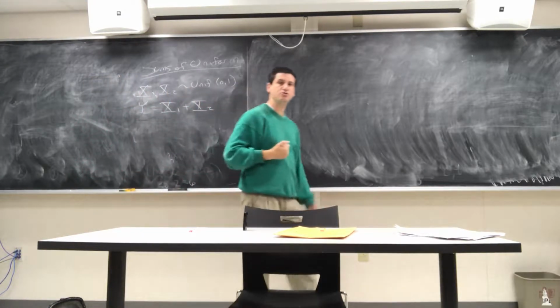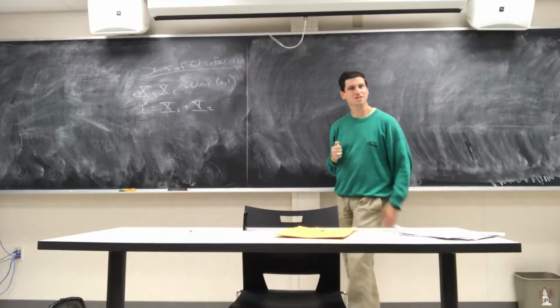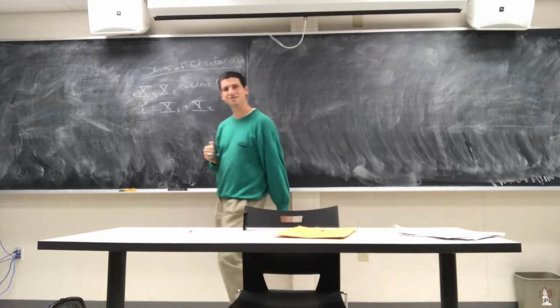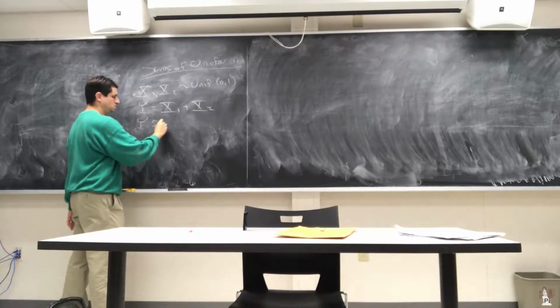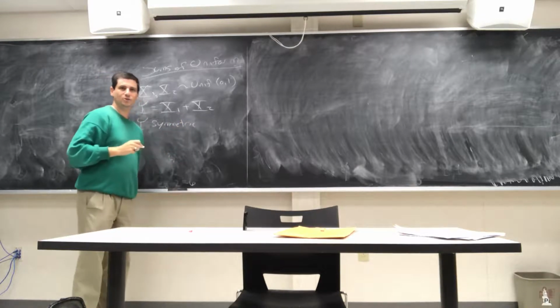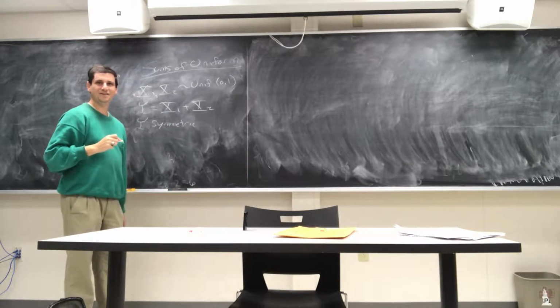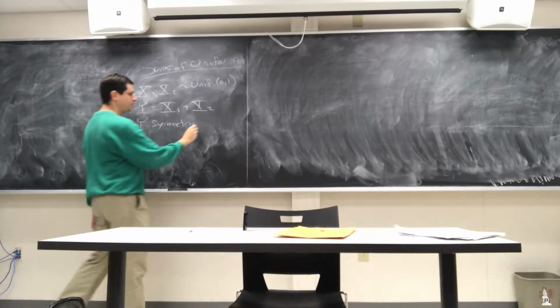What do you expect is true about this random variable y? Symmetric. Symmetric about what? The mean, which is the mean of x1 and x2. So what's the mean of y?